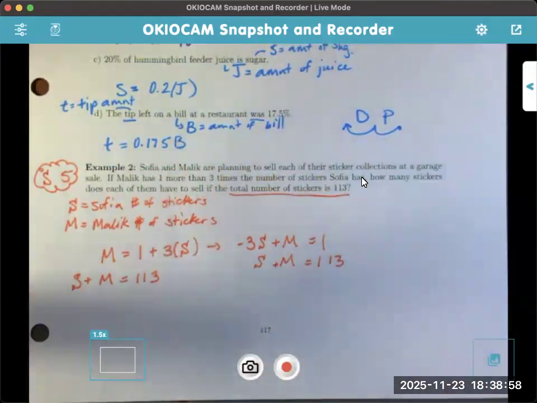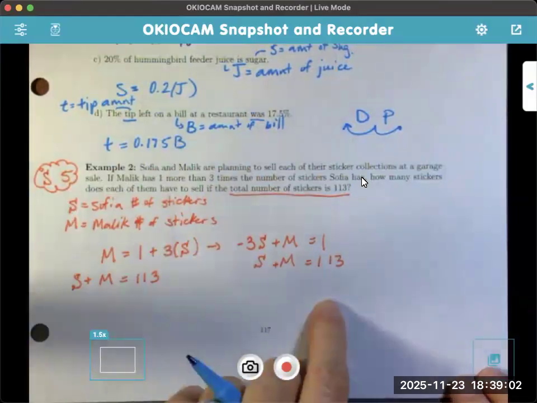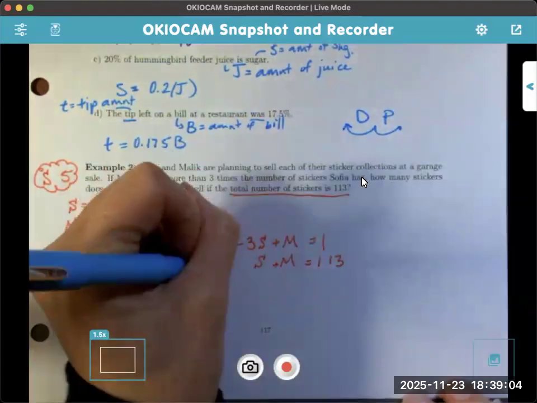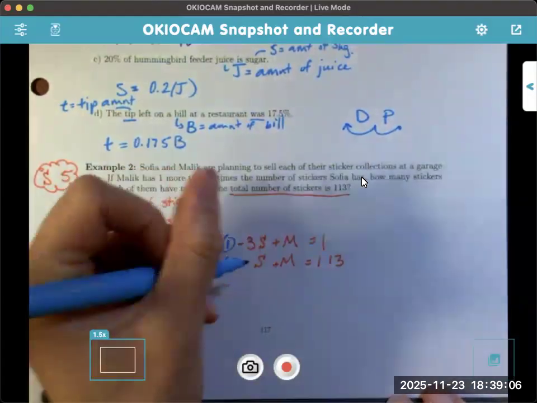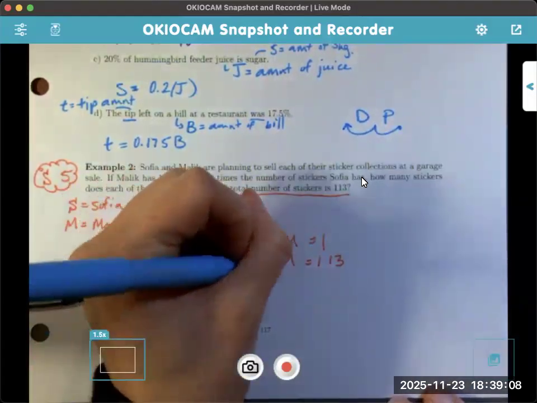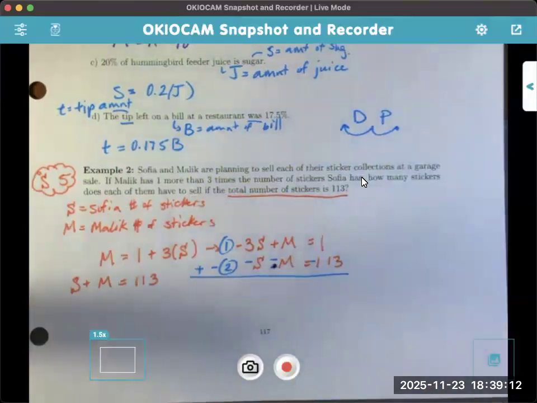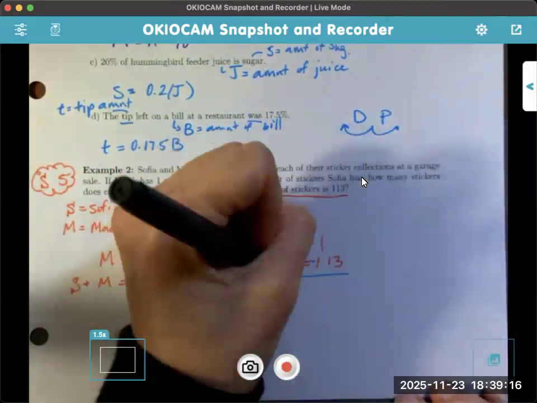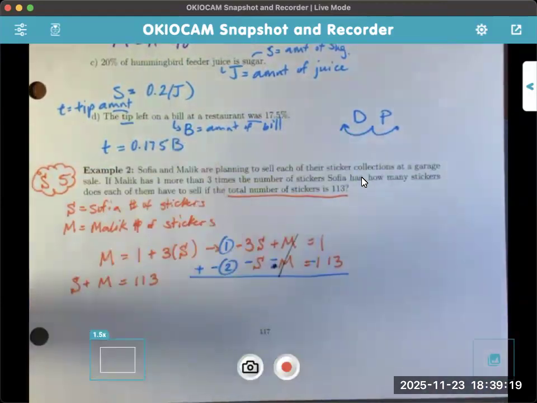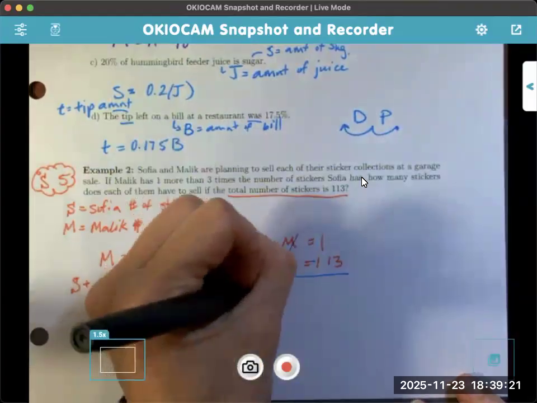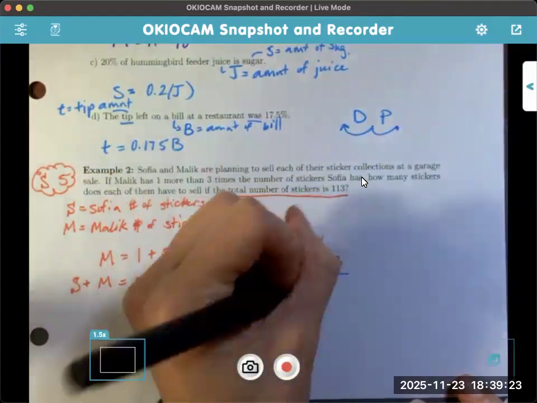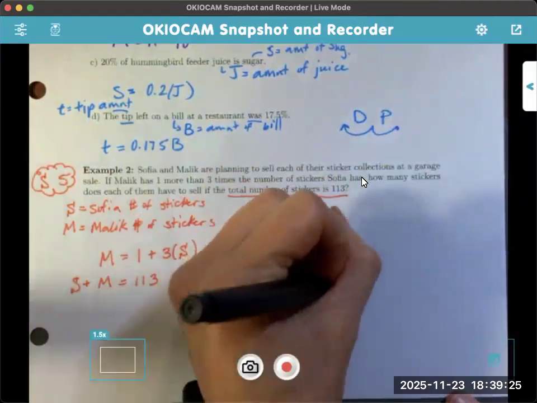So if this is equation 1, and I run a negative 1 through equation 2, now when we add down, what happens to the Ms? They cancel. They cancel. So I now have that negative 4S equals, what is that? Negative 112.